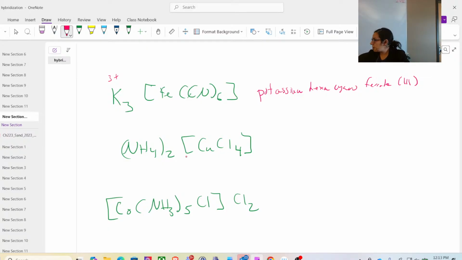What about this next one here? So what's the oxidation state of copper? Right, balance it out. You got the ammonia here. So +2, good.